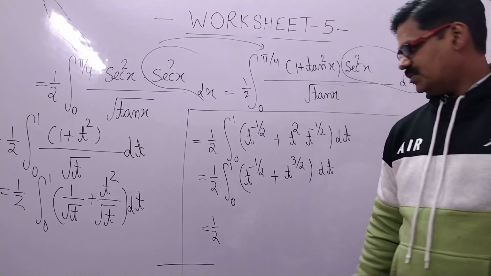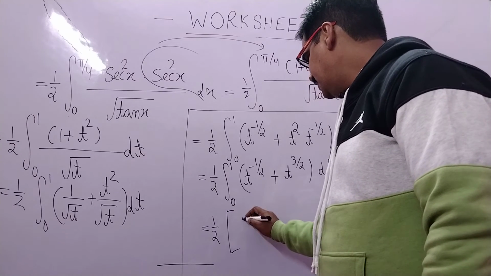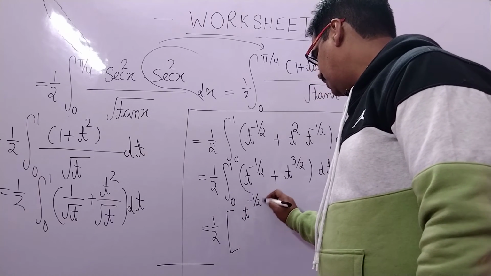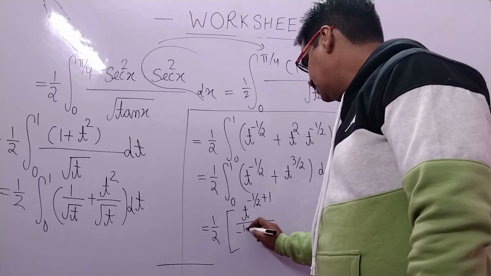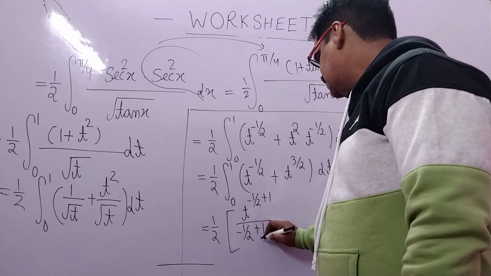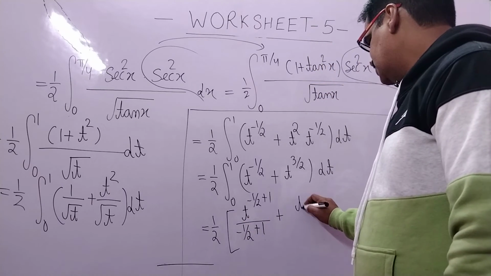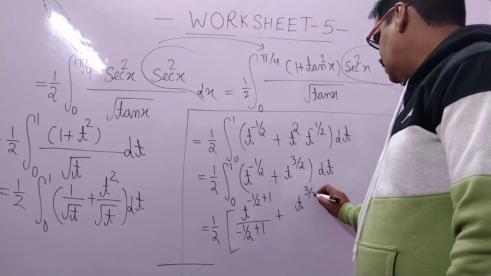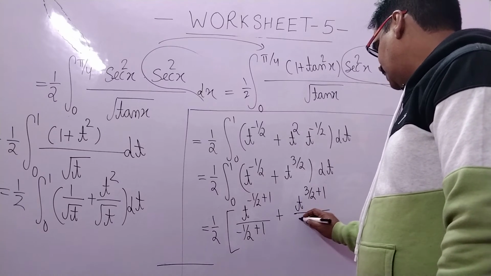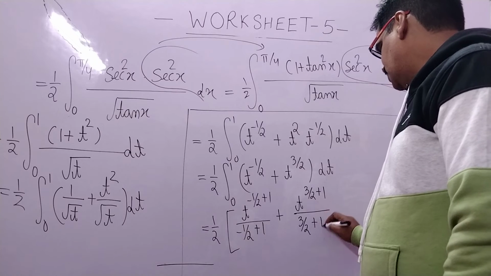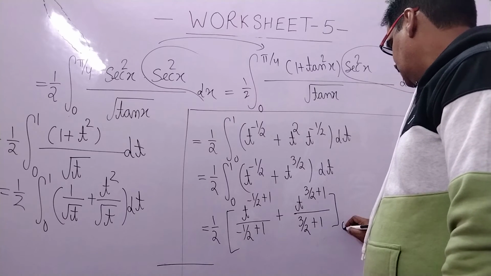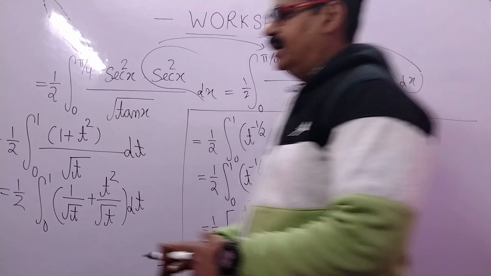Integration of t to power minus 1 by 2 is t to power minus 1 by 2 plus 1 upon minus 1 by 2 plus 1, plus t to power 3 by 2 plus 1 upon 3 by 2 plus 1. Limits are 0 to 1.